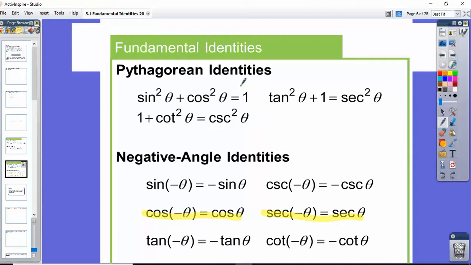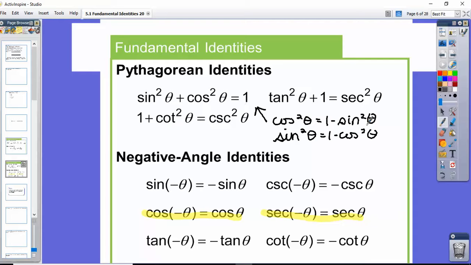If I have sine squared plus cosine squared equals 1, well, I could subtract over my sine and say cosine squared is 1 minus sine squared, or I could subtract over my cosine. And you could do that with the others as well.